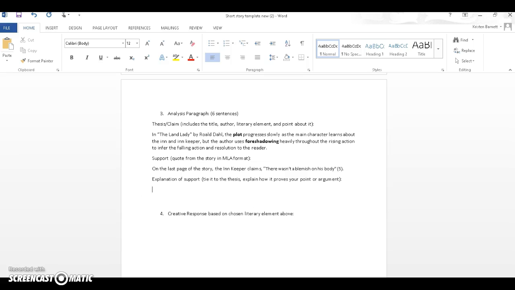And then your element of support, tie it to the thesis, explain how it proves your point or argument. So how does that example prove our thesis up above, that the author uses foreshadowing to infer the following action, doesn't spell out the following action?